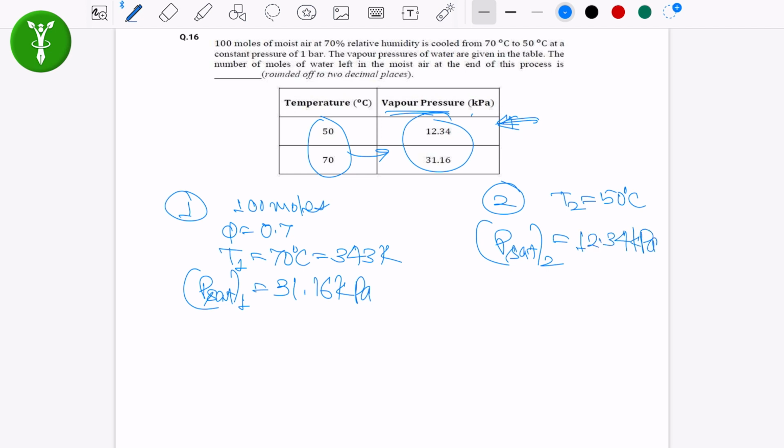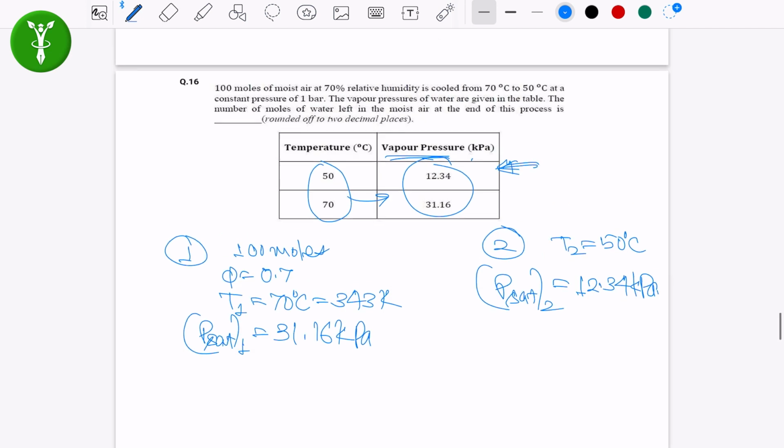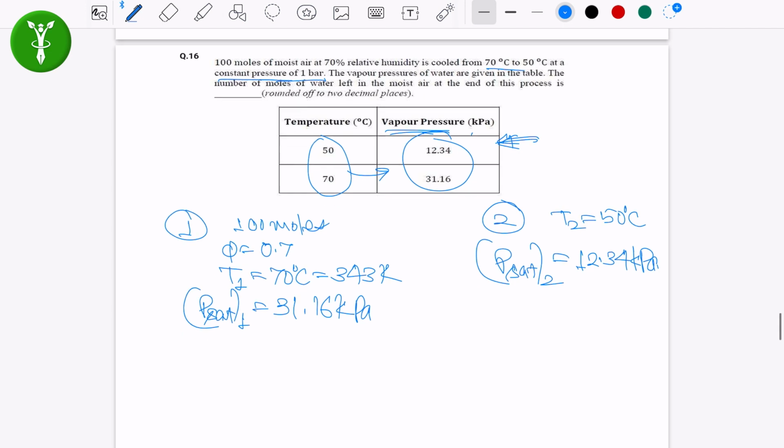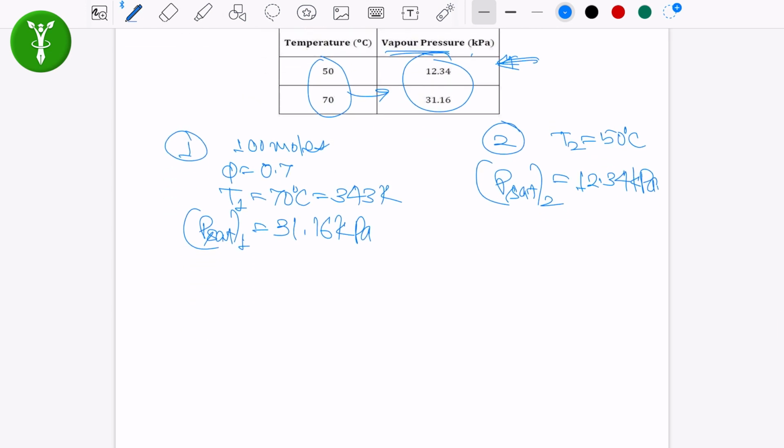Now note that here it is cooled from this to this at a constant pressure of 1 bar. If we are cooling anything, let's say a piston cylinder arrangement, temperature is decreasing, so volume will also decrease. Using the ideal gas equation, pressure is constant and temperature is decreasing, so volume should also decrease.